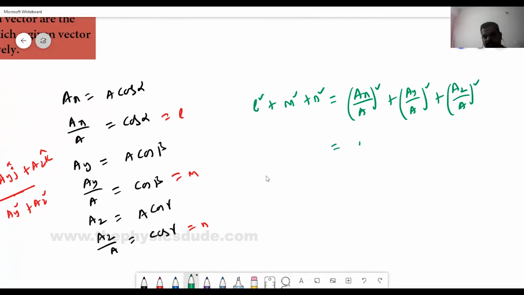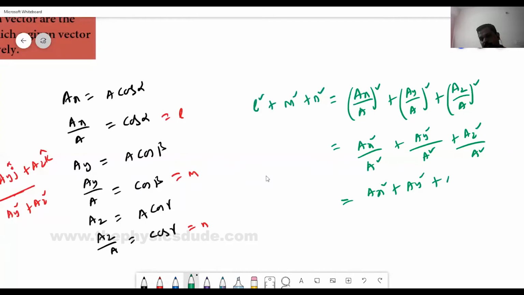So this I can write ax square by a square plus ay square by a square plus az square by a square. If I take LCM, this I can write ax square plus ay square plus az square whole upon a square.